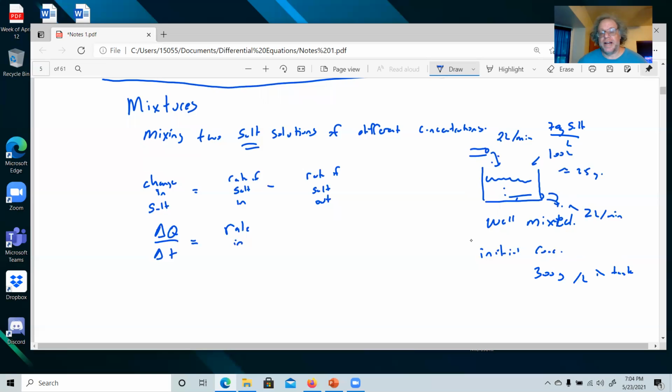So the rate in is 2 liters per minute times the concentration in, minus the rate out, which is again 2, times the concentration out. Flow in times concentration in, flow out times concentration out.